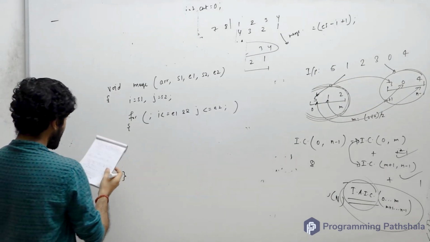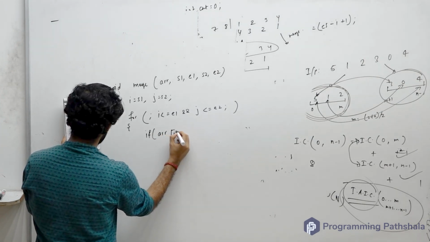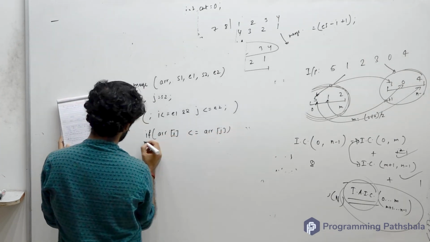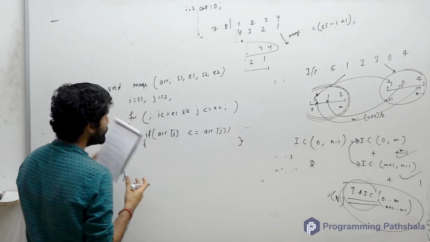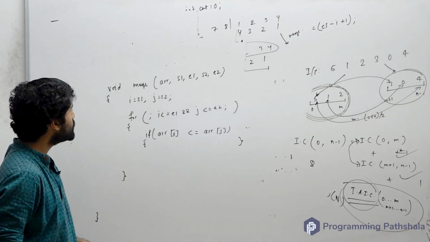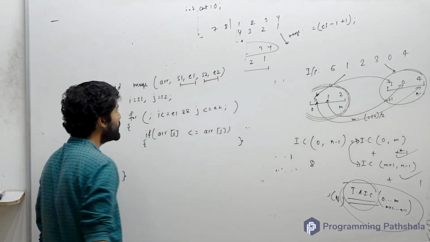Now let's say you see that array of I happens to be smaller than or equal to array of J. Of course you will push this into your temporary array. So let's say you are trying to merge two sorted arrays. The first is from here to here and the second is from here to here.